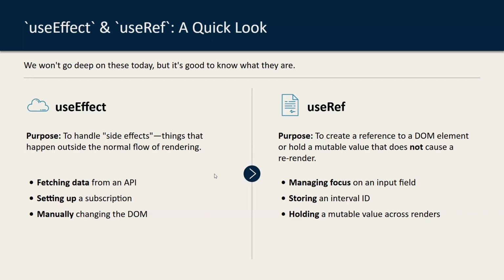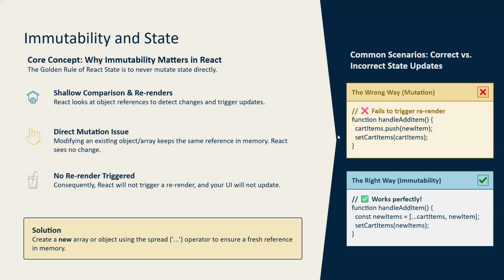A simple way to remember it is this: useEffect helps you do something after the component has been rendered, and useRef helps you keep a reference or mutable value without re-rendering. We will be sure to revisit these concepts in later sessions. But for now, let's continue with props and how components receive data.